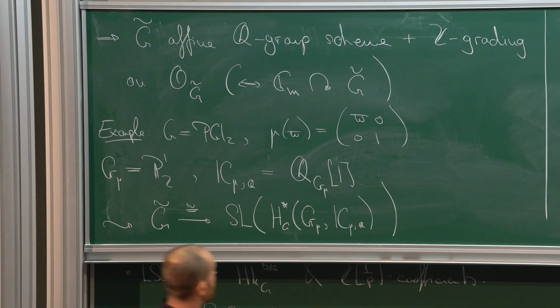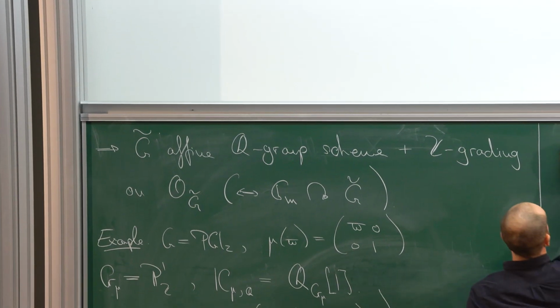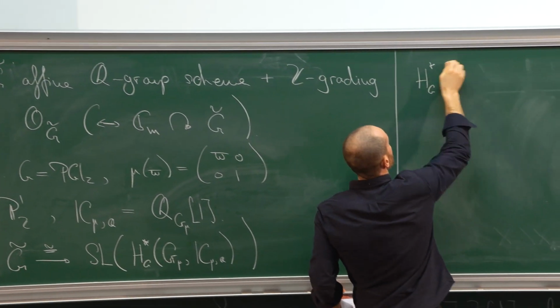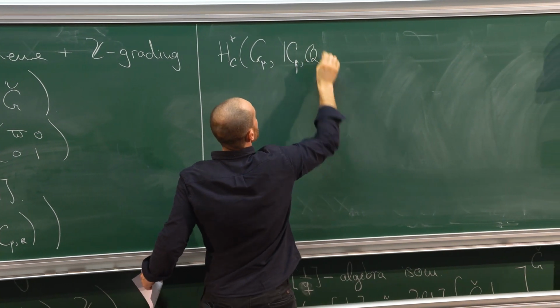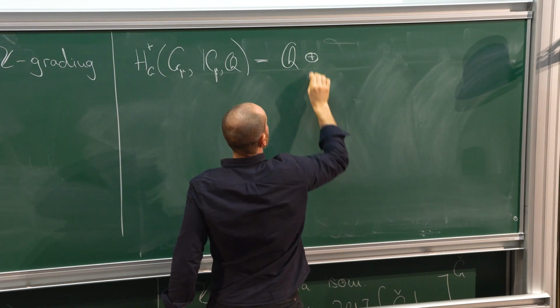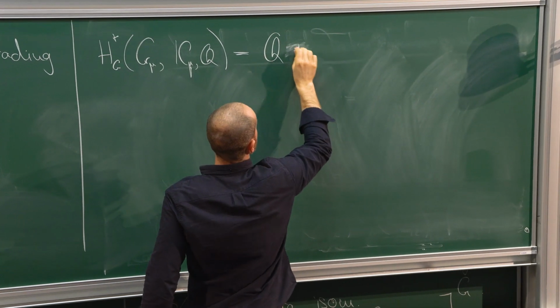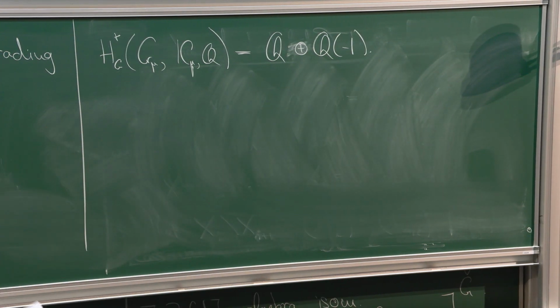What is this cohomology? It's canonically Q, and then Q in degree -1.